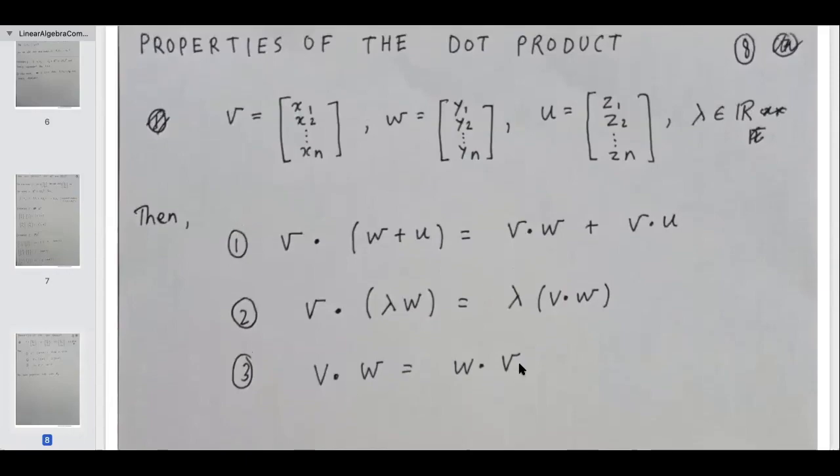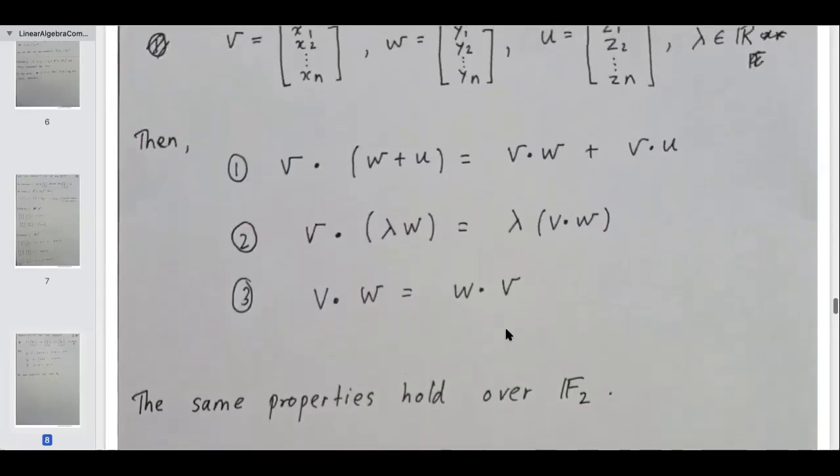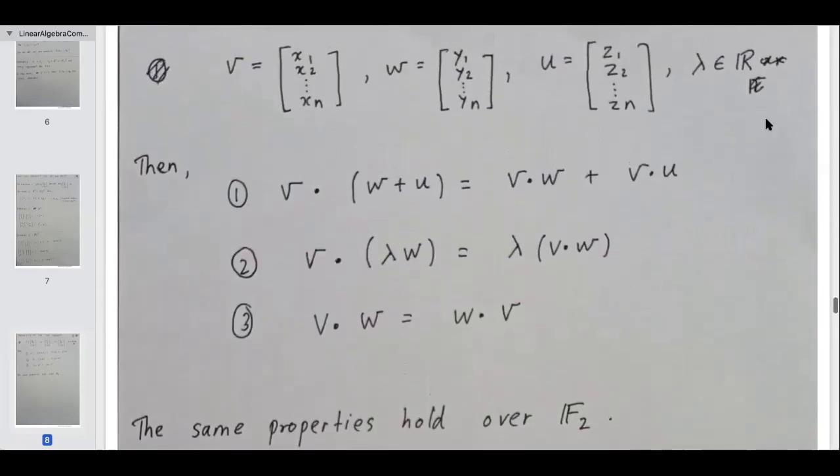These three properties are very easy from the definition. Just write all of them in terms of the coordinates x1, x2, xn, y1, y2, yn, z1, z2, zn, and it will be clear that they hold. And the same properties hold over F2, making sure that lambda now doesn't belong to R but belongs to the set of scalars in F2 to the n, which are just 0, 1.